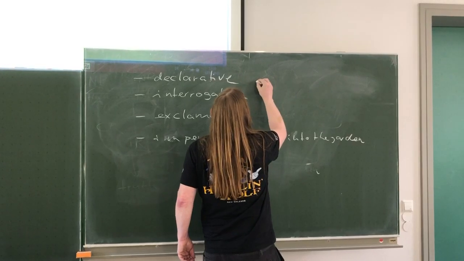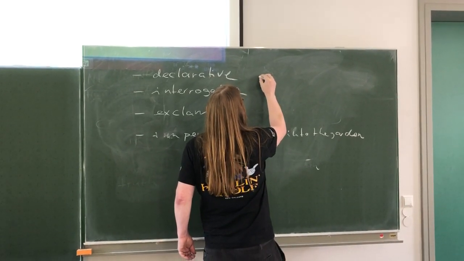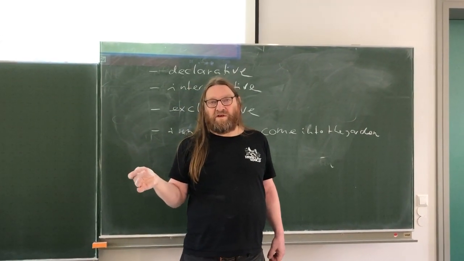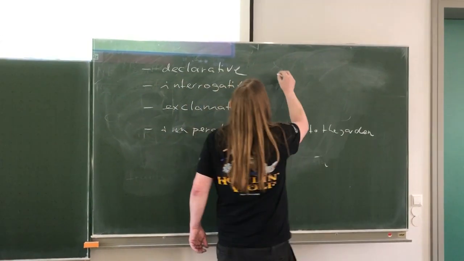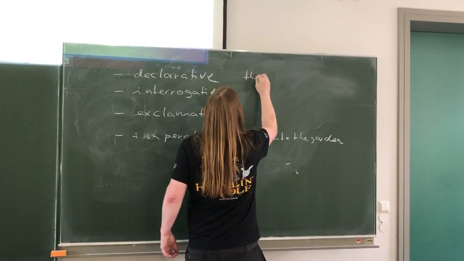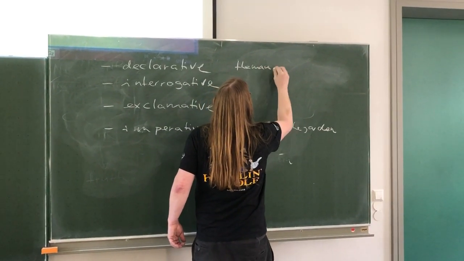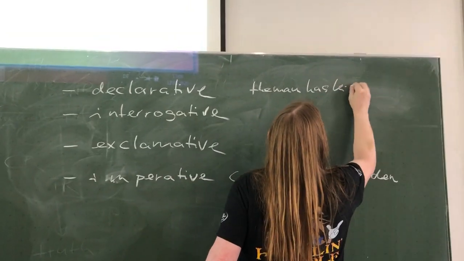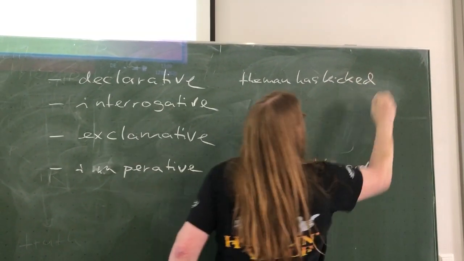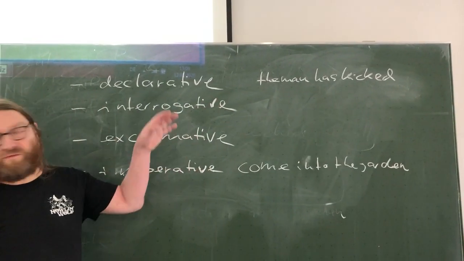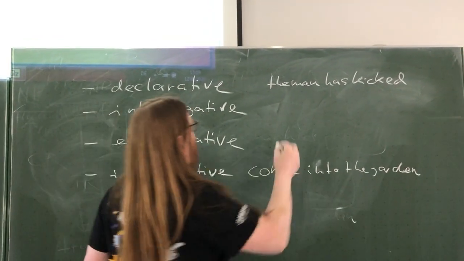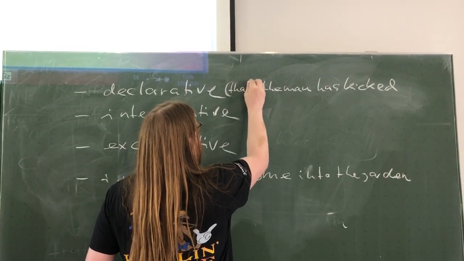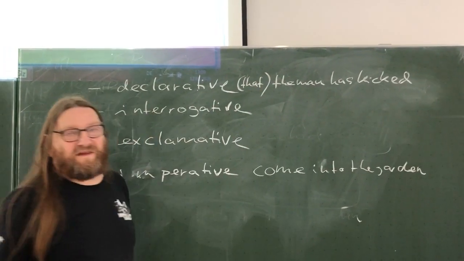But we can make a few remarks, tentative ones, about declarative. So the declarative sentence in English has no openly realized complementizer. So the main clause would be the man has kicked and so on and so forth. And in the embedded sentence, we have the complementizer that.